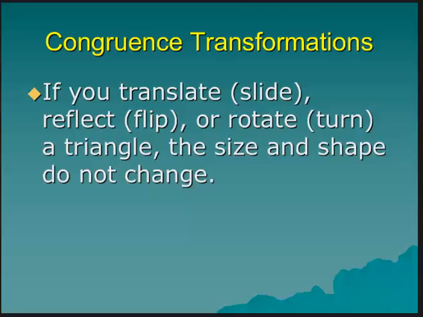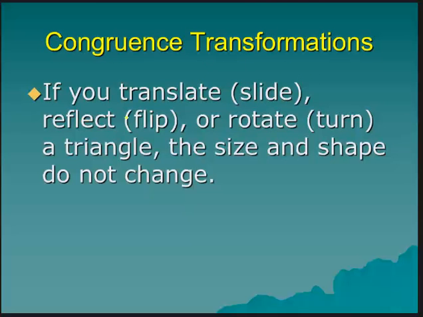So if you translate or slide a triangle, are you making it bigger or smaller? No. Are you changing the shape of the triangle? No. You're just moving it to a different location. So the first triangle you had is congruent to the second triangle you had in your new location. Therefore, it's called a congruence transformation.